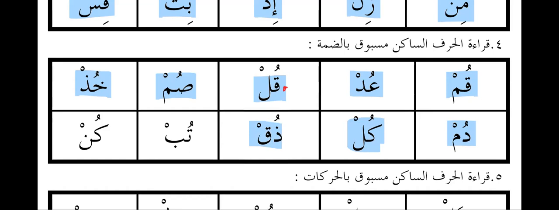Here, just listen how we pronounce the qaf. If it was a kaf, then we'd say dhuk. Because it's qaf, we say dhuq.